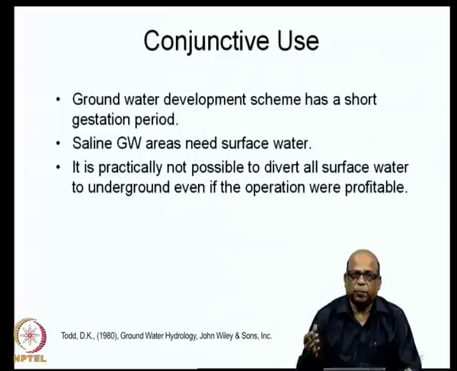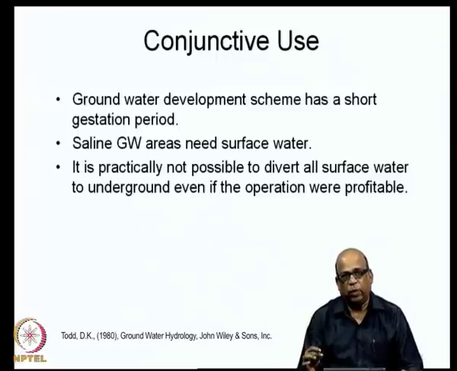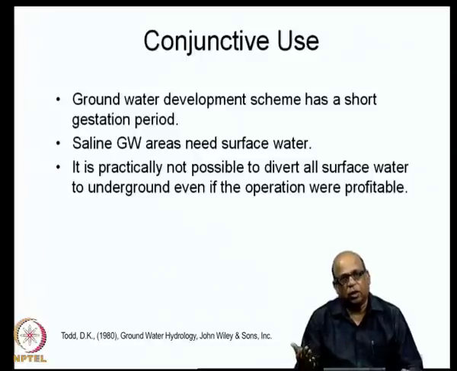What I mean is that you have a surface water source and certain mechanisms by which you want to put the fresh water into the groundwater, but all of the surface water cannot obviously be put into the groundwater because of several constraints.